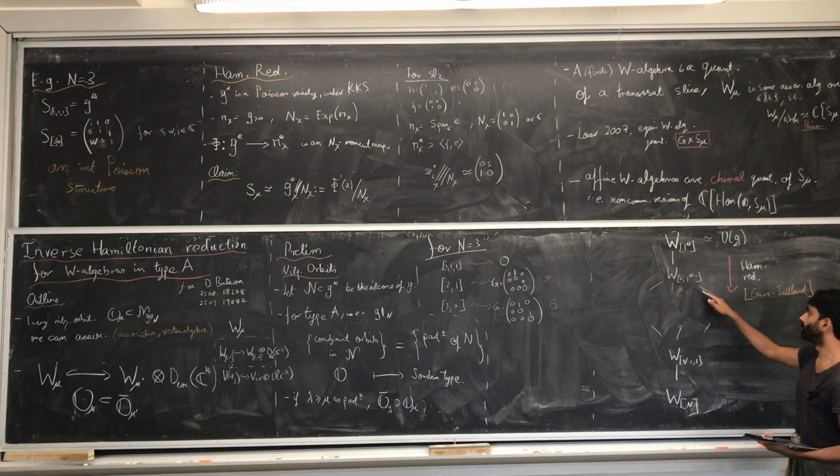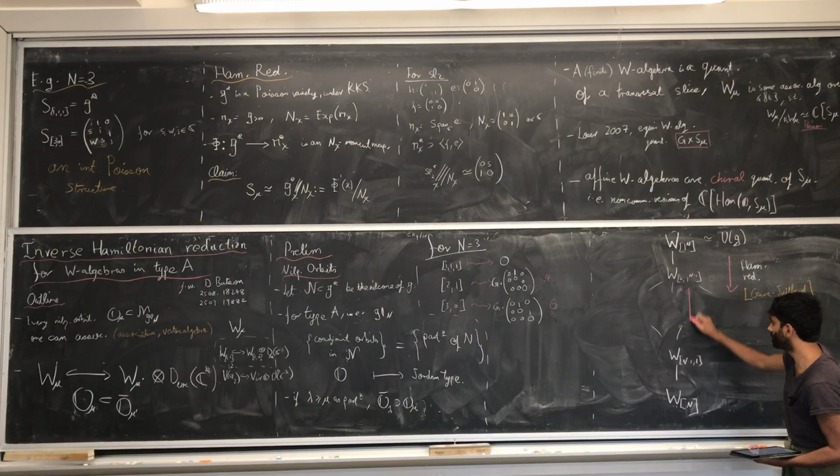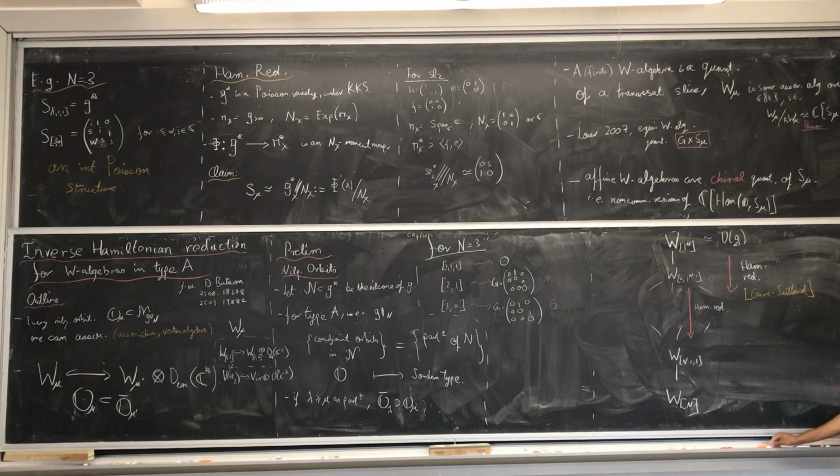So you can also start with one of these intermediate W-algebras, and then further reduce to get one of these guys. So there are also arrows going like this, which are also a kind of Hamiltonian reduction, with a different unipotent group.